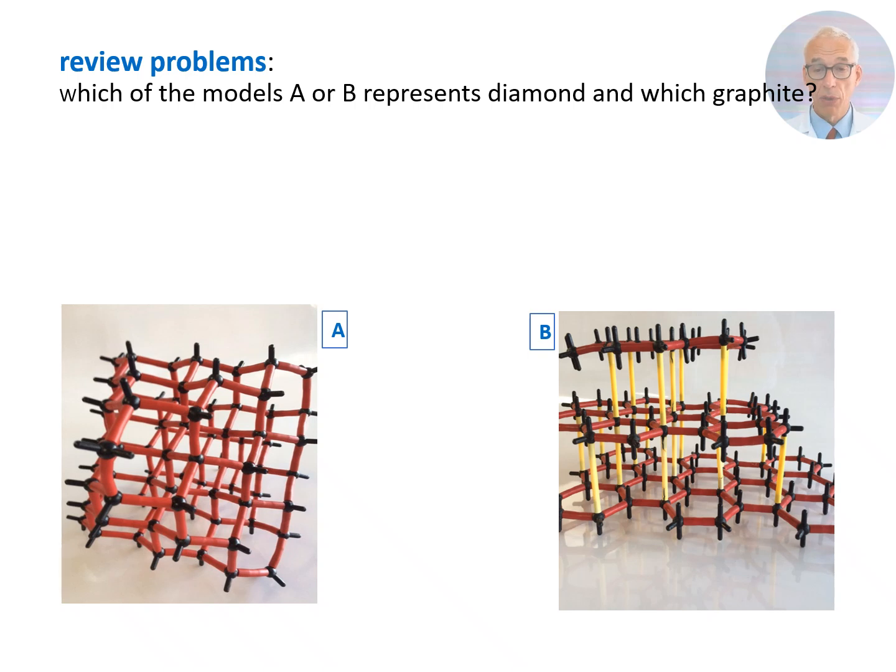Here are a couple of review problems about diamond and graphite. Which of the models A and B represents diamond and which graphite? You can speak it out as if you're talking to me or write it down. Okay, so diamond on the left, a model of graphite on the right.